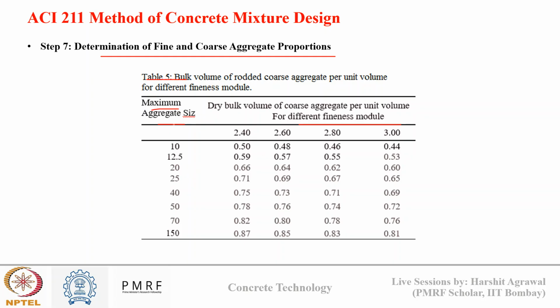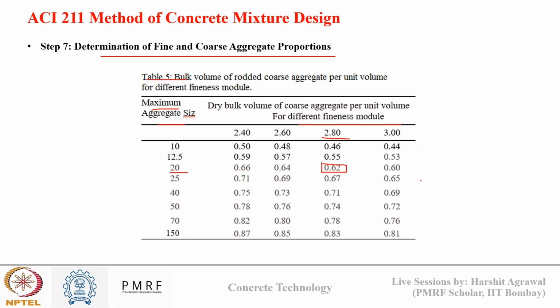These two data are required for this table. So for example, if I have 20 mm as my maximum nominal aggregate size, and my fineness modulus of sand is 2.8, then I need to take 0.62 fraction of coarse aggregate in the total volume of aggregate, and the remaining will be fine aggregate.